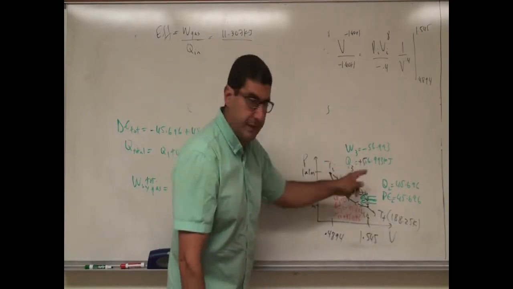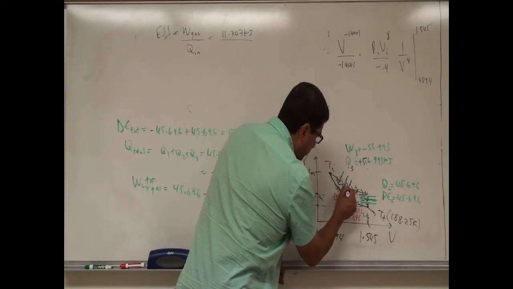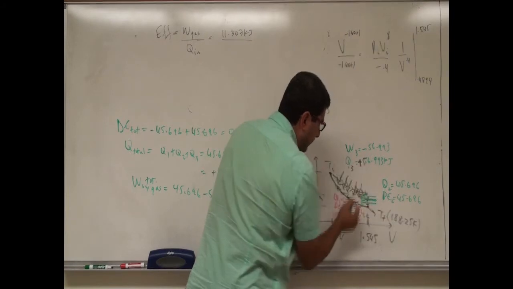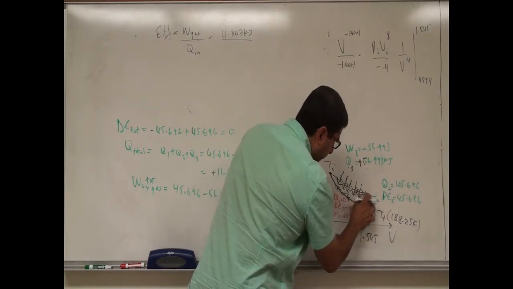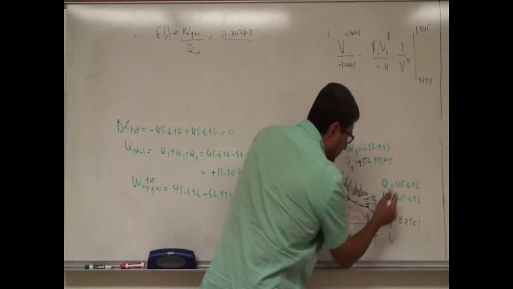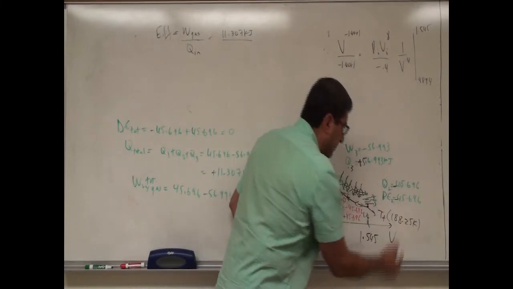Now, since we're going backwards, the heat is coming into the gas here. So this one becomes positive, and over here it reverses direction, and the heat is coming out of the gas, and then this one would be negative, right?